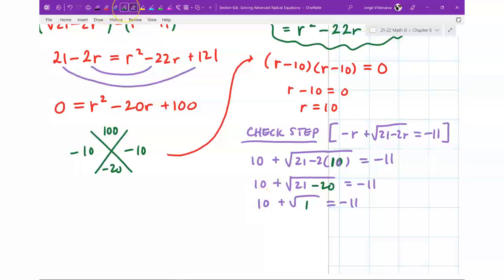I'm just checking the work. So 10 plus the square root of 21 minus 2 times 10 equal to negative 11. 10 plus the square root of 21 minus 20 is equal to negative 11. 10 plus the square root of 1 is equal to negative 11. All right. 10 plus 1 is equal to negative 11, which means 11 is equal to negative 11.